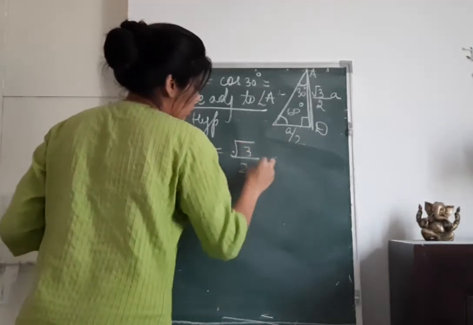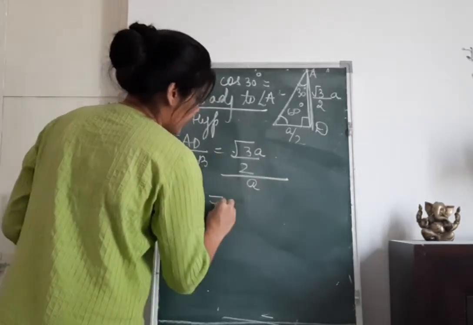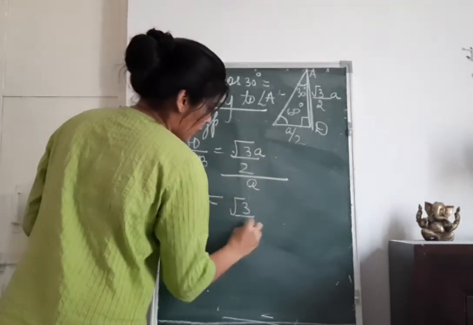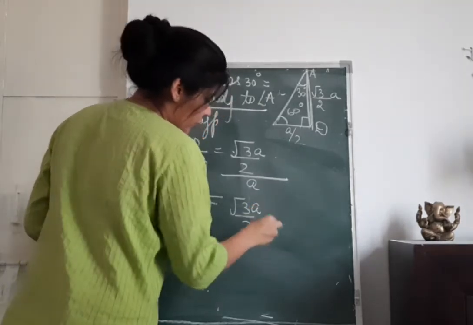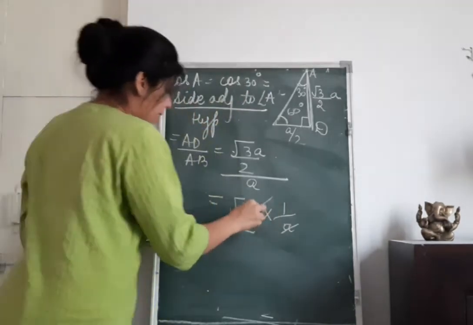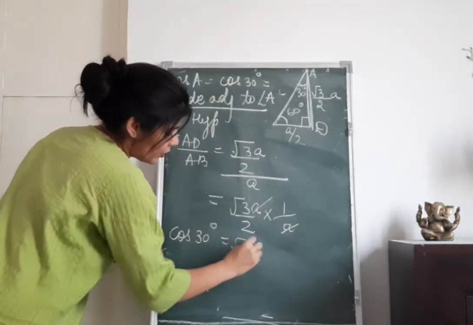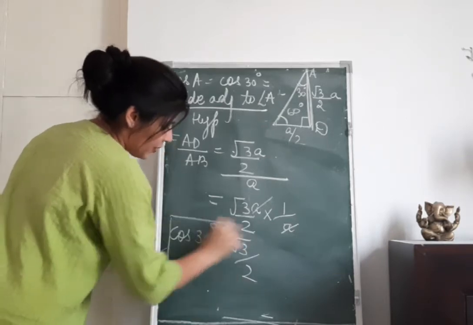Root 3A by 2 upon AB, which is A. That is root 3A by 2 into 1 by A. That gives me cos 30 degree as root 3 by 2.